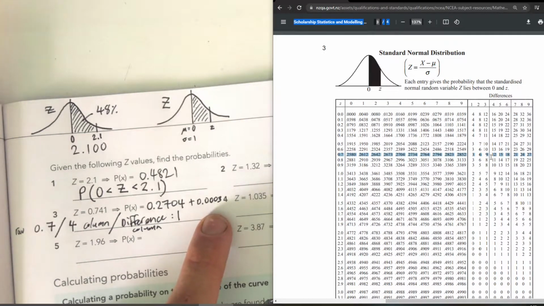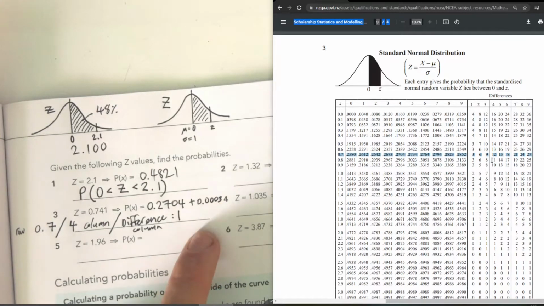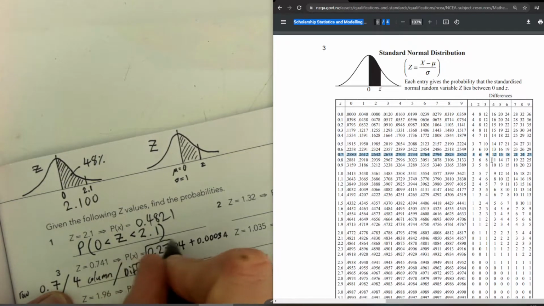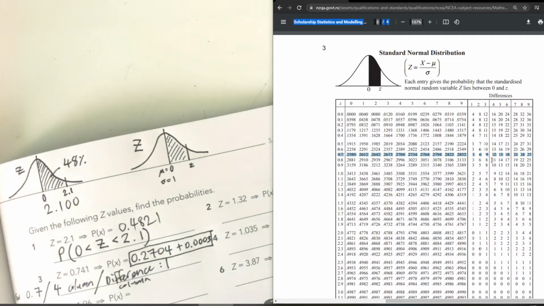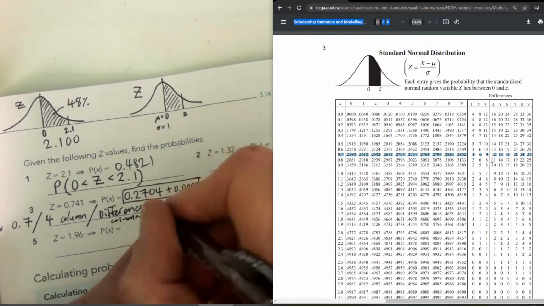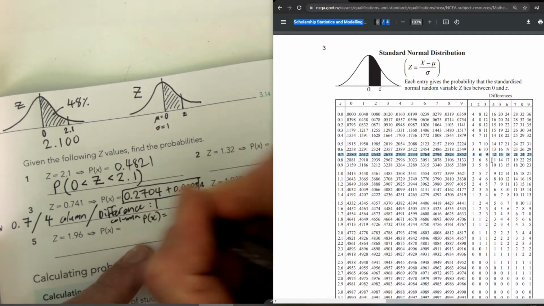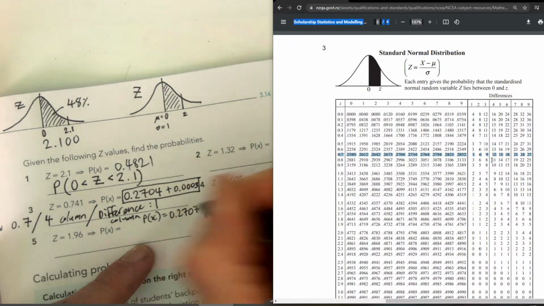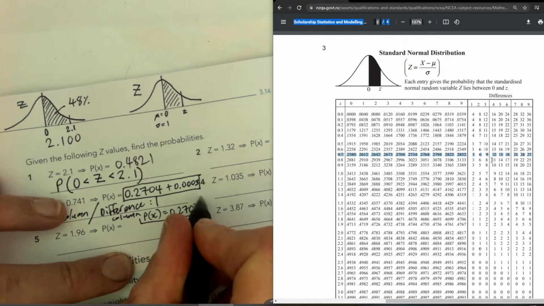But let's say the difference was 4, and it would go down to 12. 12 would just fill in the 3rd and 4th decimal place. It's a little bit wacky, but it's the best way to be able to fit all of this information on one really small sort of A5 size table. So let's add those things together. So the probability, I'm just going to write that again, P of X is going to be 0.2707. So that's going to be the answer for this one here.